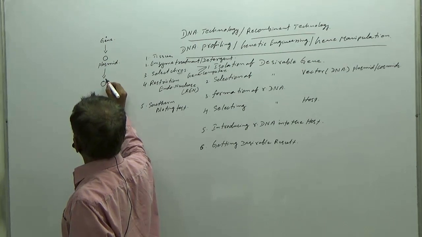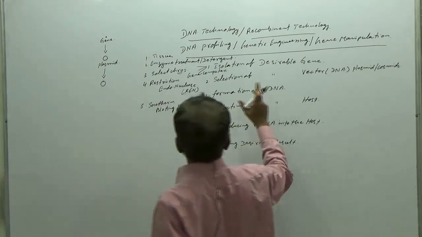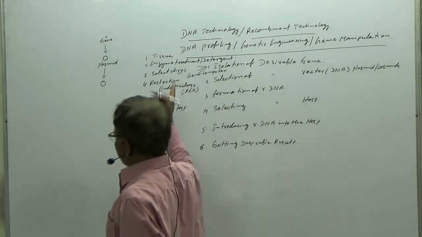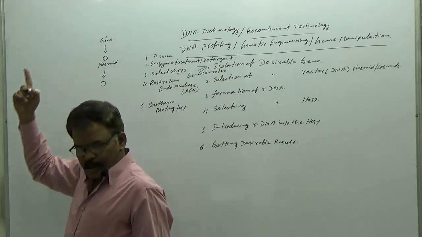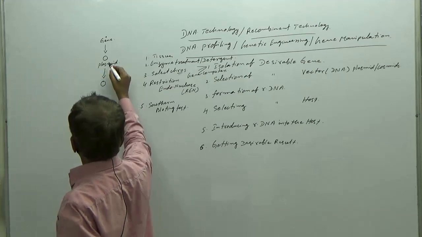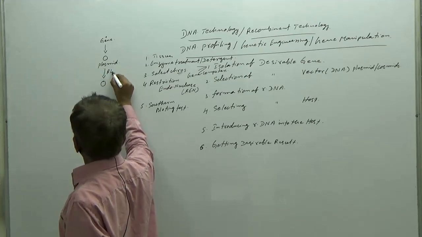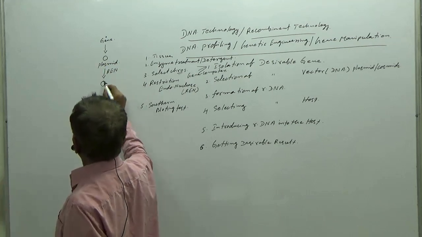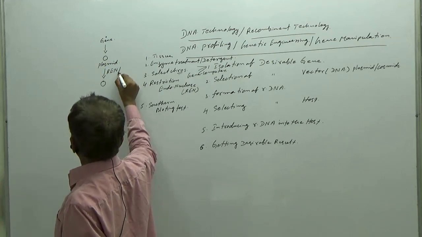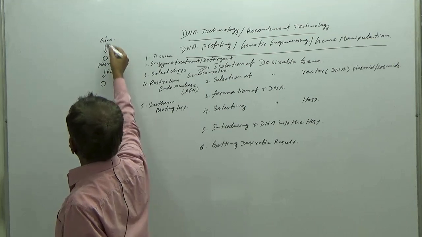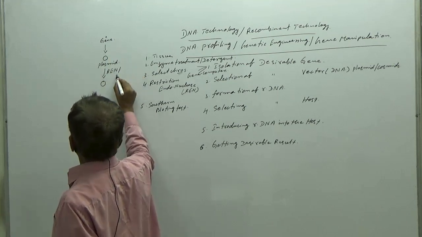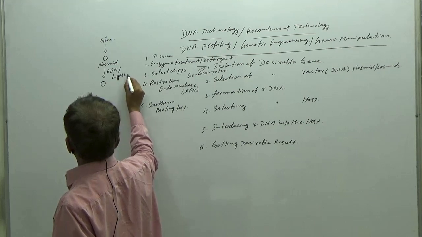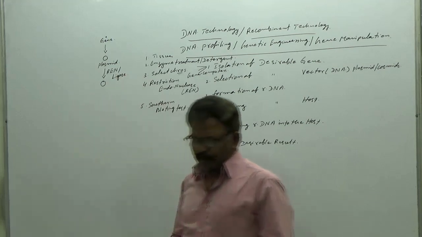Then they paste it with the help of ligase, the gene paster. Yesterday in class we discussed the basics. That means here they use restriction endonuclease to cut the plasmid, and finally they insert this gene, and finally they paste it by using ligase, an enzyme which pastes the gene.